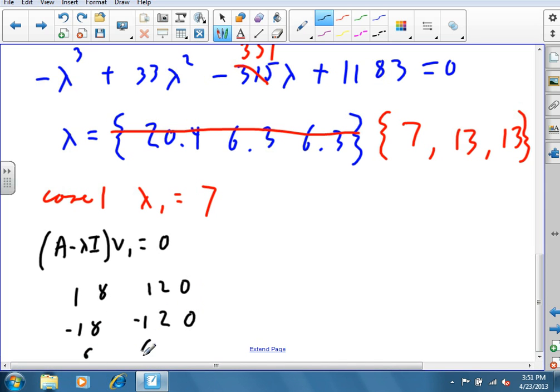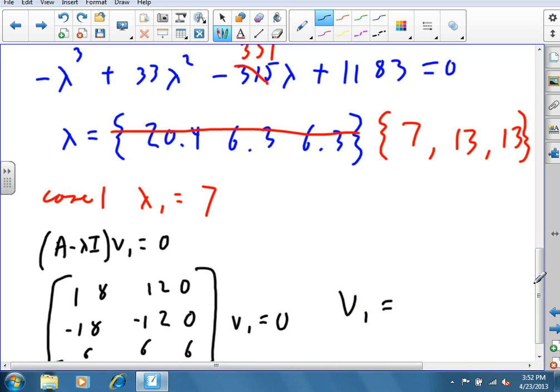And I got 6, 6, 6. I don't like this problem already. I can tell. All right, so V1 is equal to 0. So by inspection, what's V1?